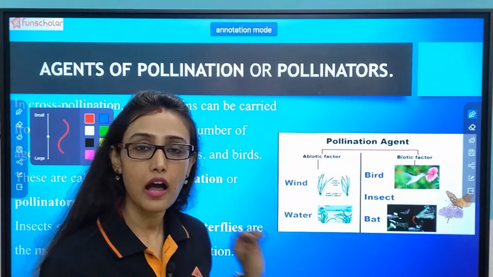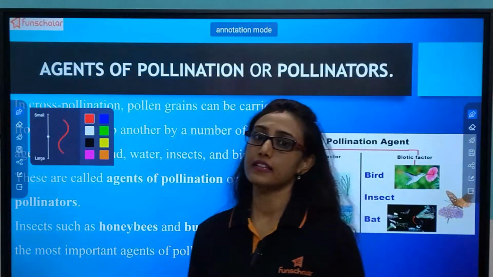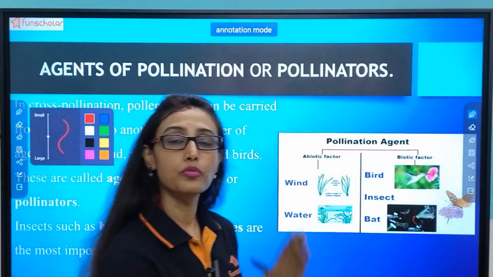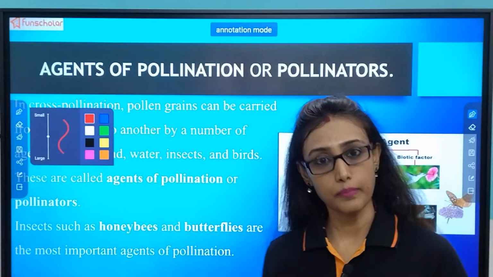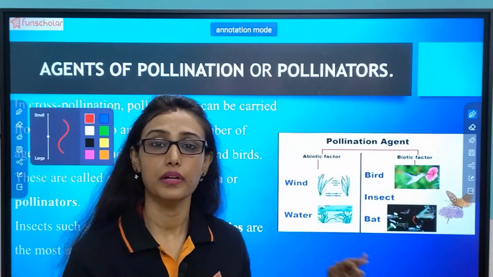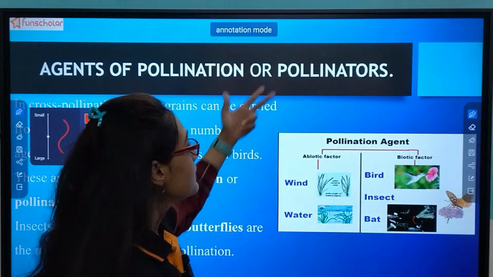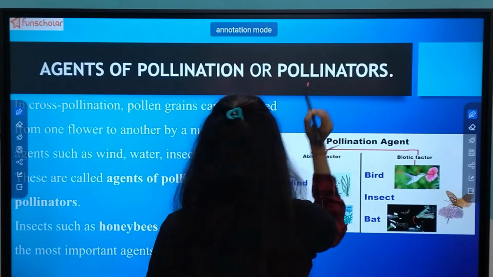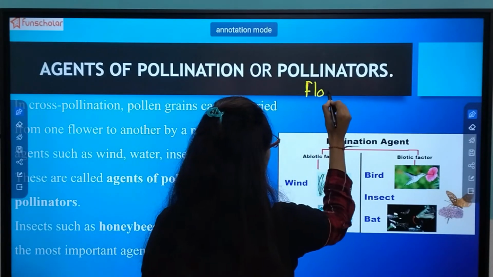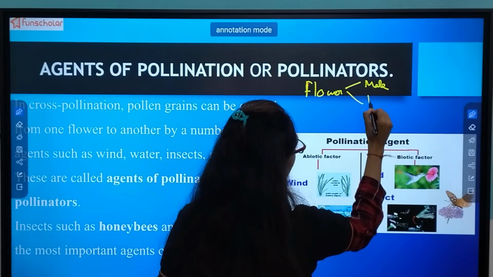Have you ever seen a plant walking or running on the road? I think no, you have never seen. A plant cannot move from one place to another. Though it's a living organism, it is fixed at a particular place. We have seen that flowers are of two types, male flower and female flower.